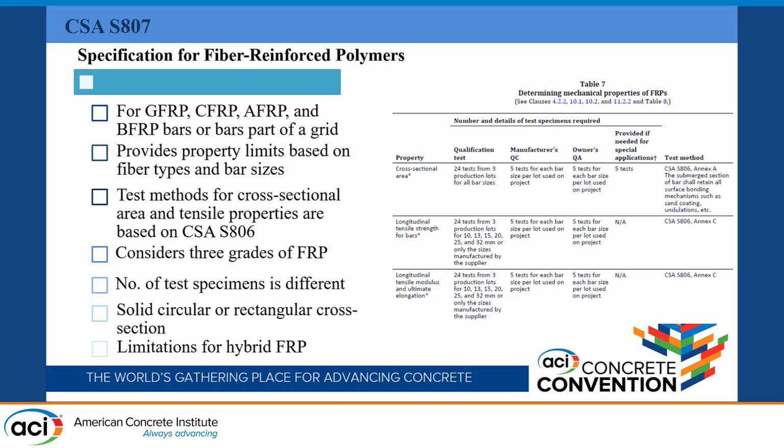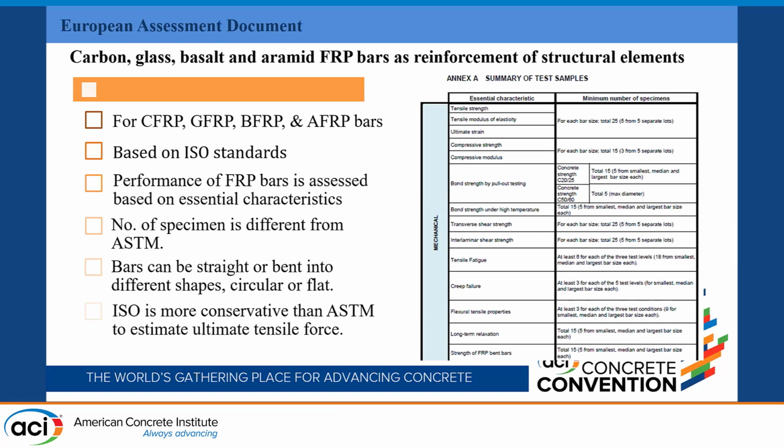So these are all the differences. And the next one is the European document for carbon, glass, basalt, and aramid FRP bars as reinforcement of structural members. So this one is covering the structural elements. The previous one, I mean the AC 521, was just to cover the non-structural applications. This one is another difference.